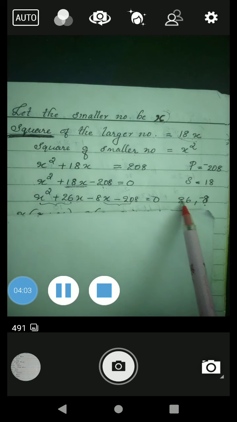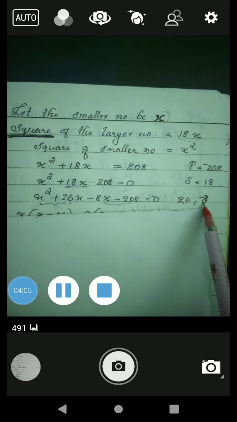So, now this equation in the standard form of the quadratic equation is x square plus 18x minus 208 is equal to 0. Using product and sum: product is minus 208, sum is 18. So, the two numbers are 26 and minus 8.